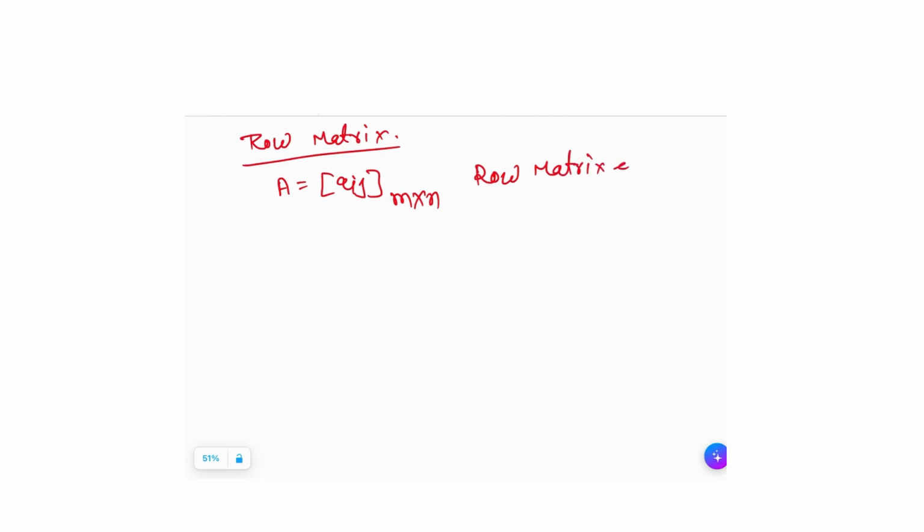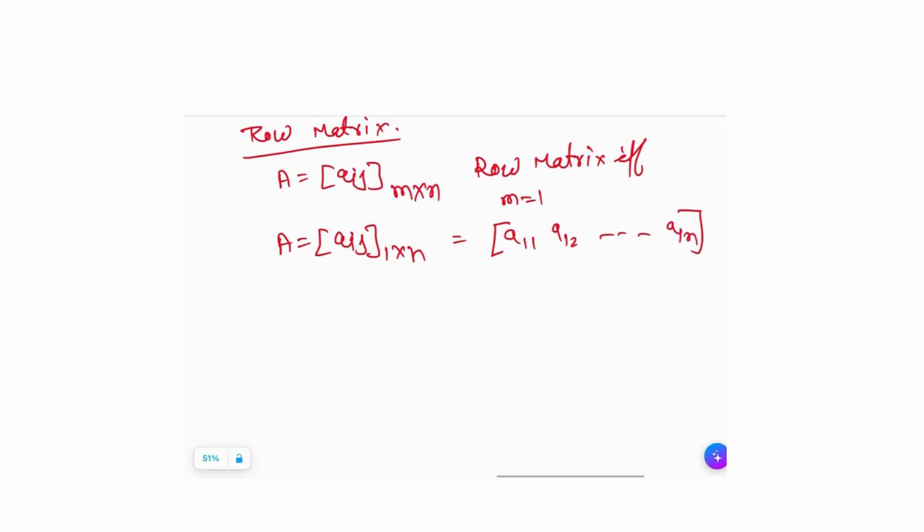Now we come to our next point, what is a row matrix. If we have a matrix A equal to Aij, m cross n, it is a row matrix if and only if m equals 1, that is A equals Aij, 1 cross n. It is of the form a11, a12 up to a1n.